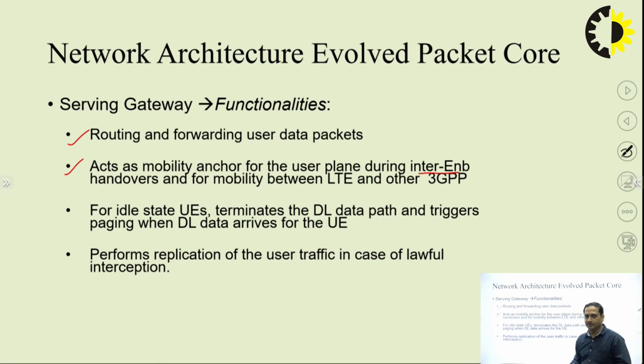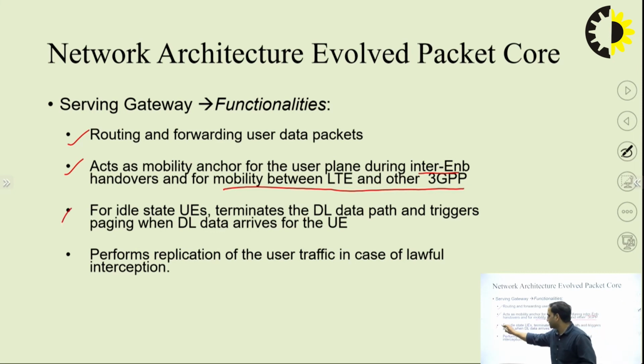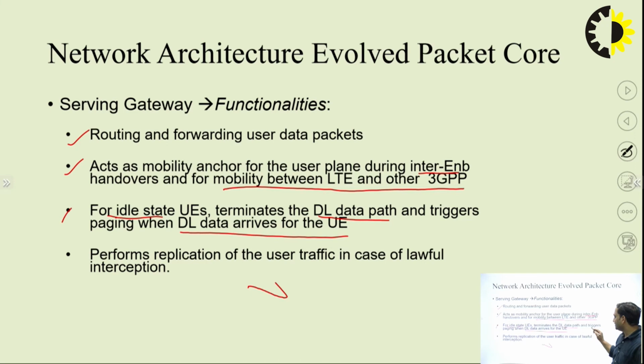So when we design the networks in the LTE system, for mobility between LTE and the other 3G networks, we have, for the idle state, the UEs, which terminate the downlink data path and trigger paging when downlink data arrives for the UE. Triggering the page means it sends tones or signaling information so that it can be confirmed when the complete downlink data from the base station has arrived at the UE.